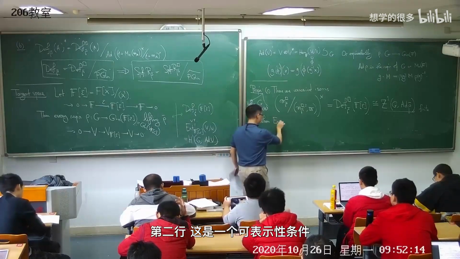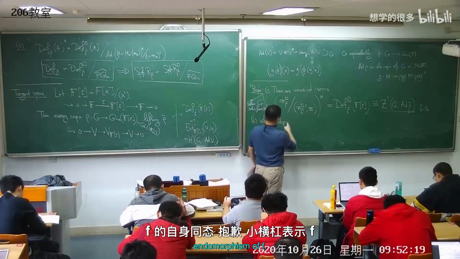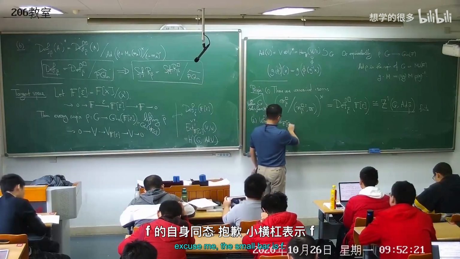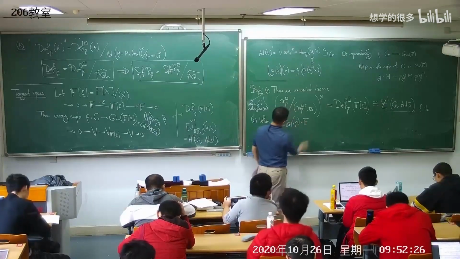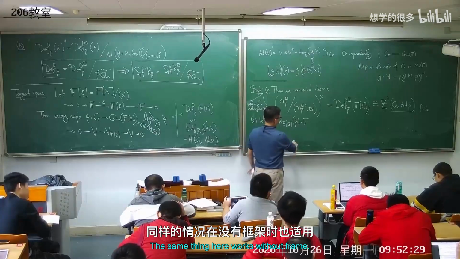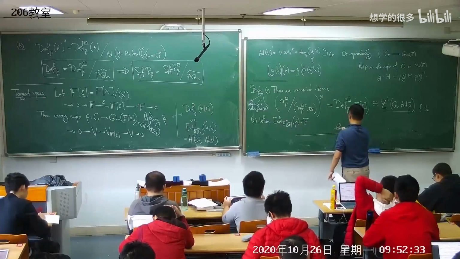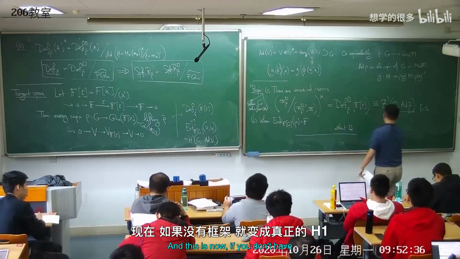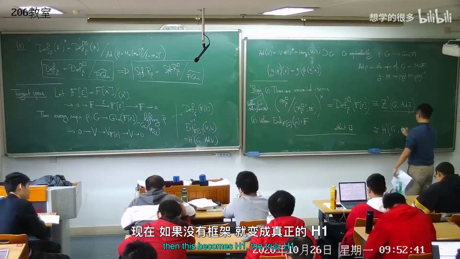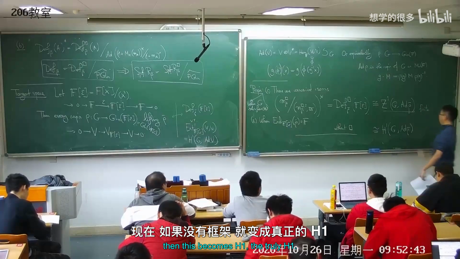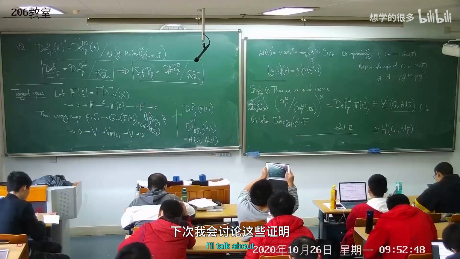Secondly, it's a representability condition: the endomorphisms of F, this rho bar, is F. The same thing works without the frame. And if you don't have the frame, then this becomes truly H^1. Okay, I'll talk about the proof of these next time.